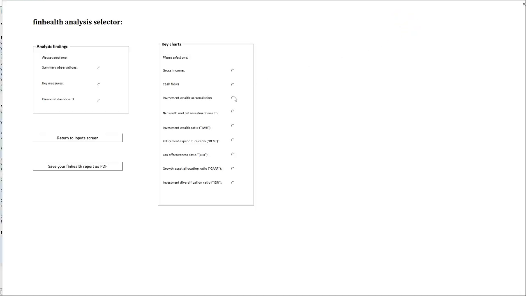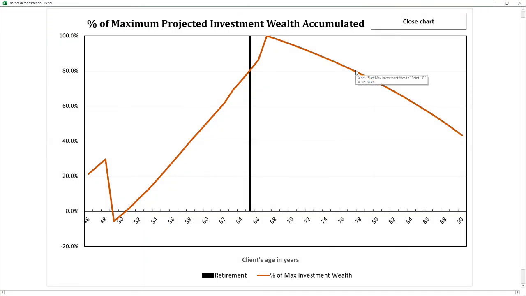The final chart is the investment wealth accumulation chart that captures how the Barbers expect to accumulate their investment wealth over time. In their case, the upgrade of their residence in 3 years' time results in their investment wealth going negative. It then steadily increases to its maximum at Pete's age 67. Investment wealth is then drawn down to fund the Barbers' projected retirement lifestyle.